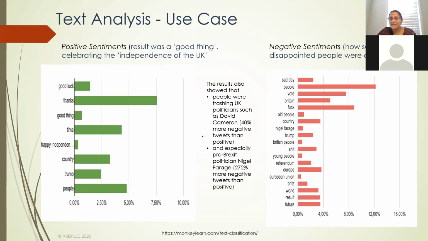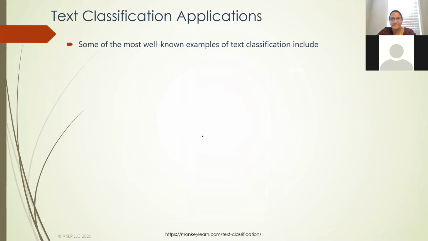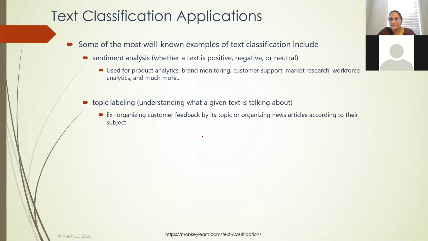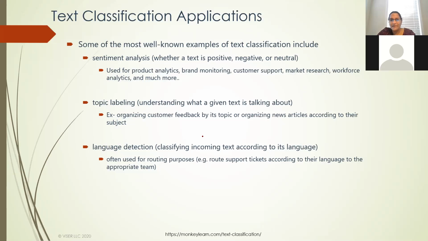So this is how they got these interesting results. It's a use case of text analysis. Some of the most well-known analyses: with text analysis, you can do sentiment analysis, where the sentiment of a particular text is positive, negative, or neutral. Then topic labeling, which is organizing text by topic.